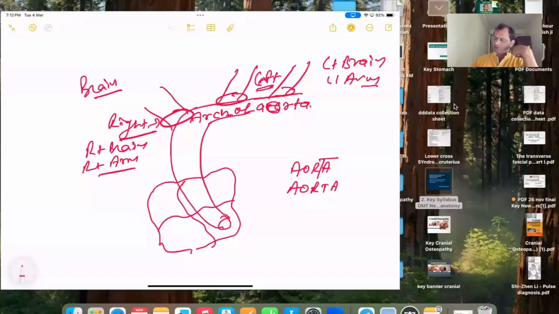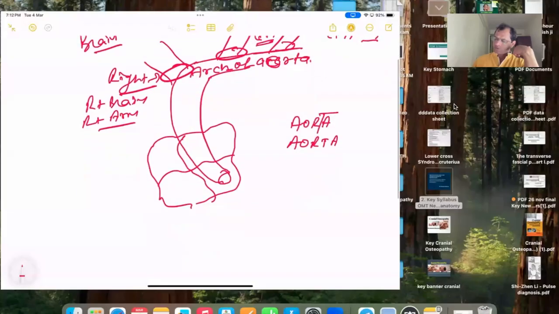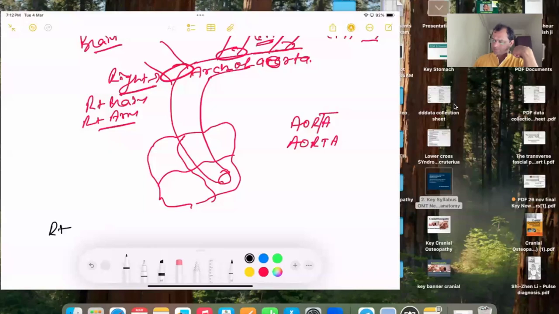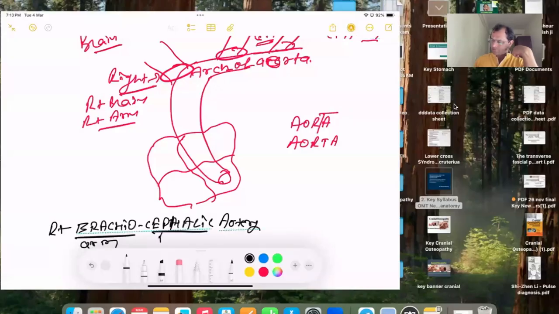So I told you yesterday, the artery coming on the right side is called the right brachiocephalic artery. Brachio means arm, cephalic means brain.